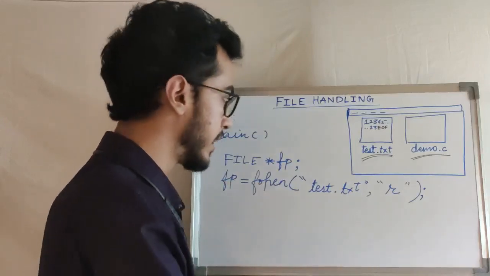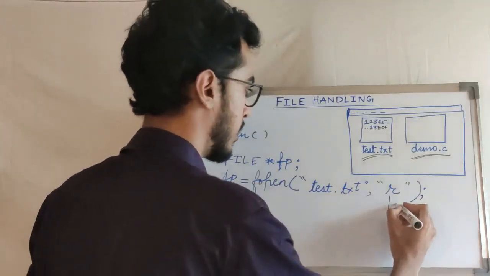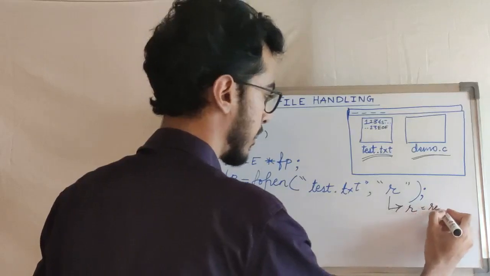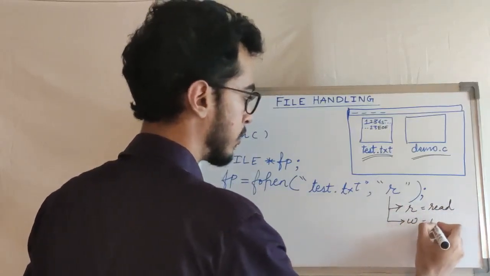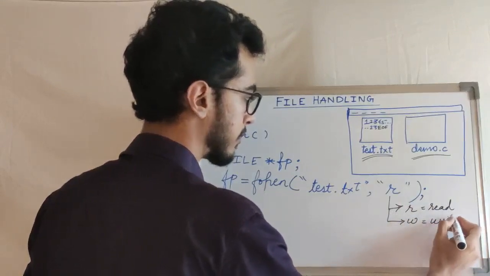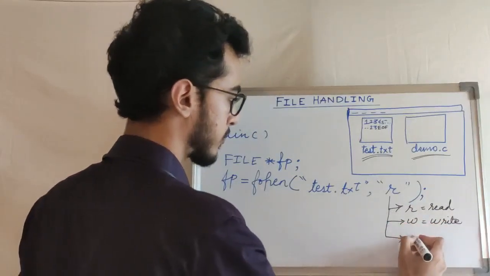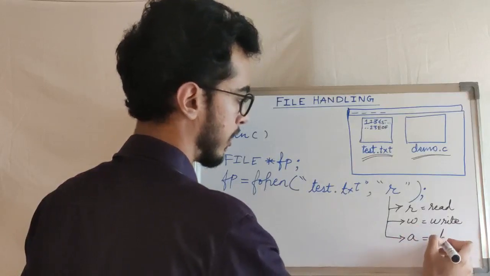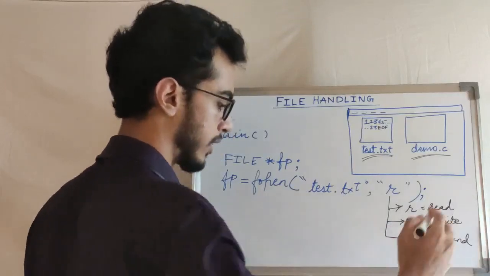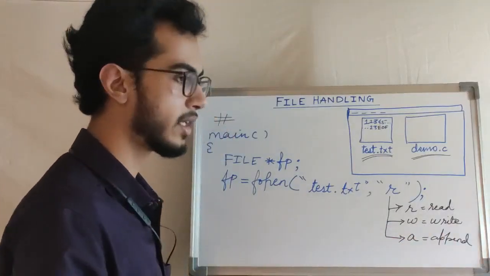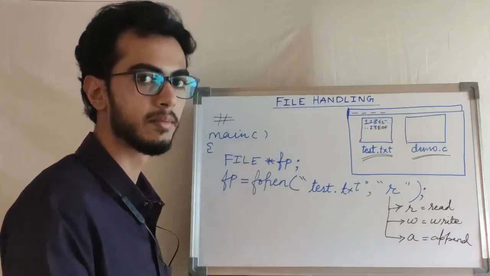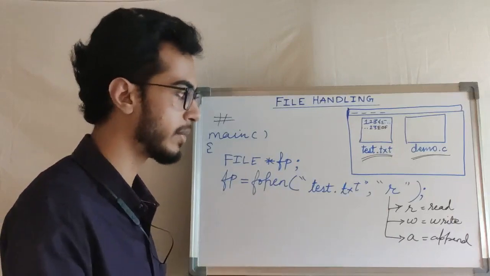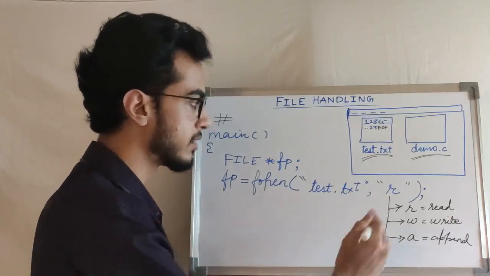The other modes are: r is for read, w is for writing something over that file, and a stands for append. That means if some data is already present in the file and I want to concatenate some data to it, I can use append mode. Right now I'm using the r mode.